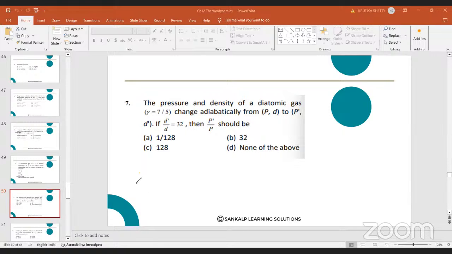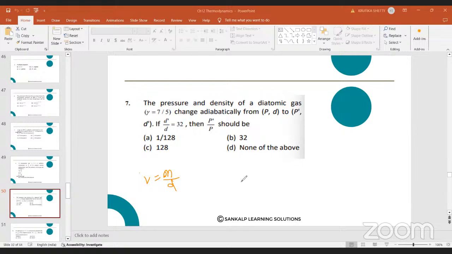As we know that the volume of the gas is equal to mass by density. So therefore density is equal to mass by volume. Okay.